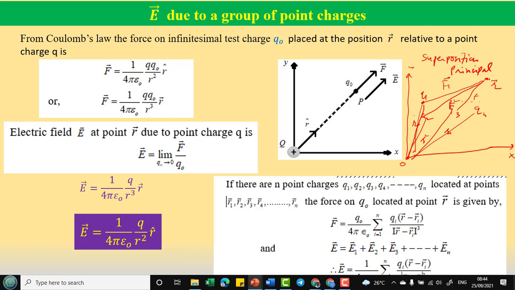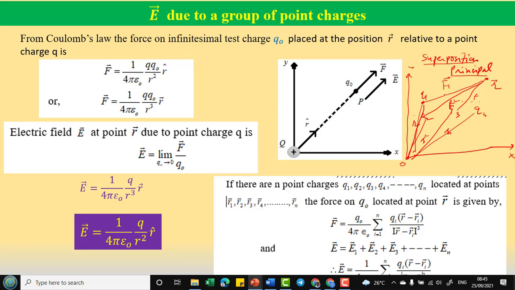So the resultant force will act due to all these forces, but here direction has to be taken into account. So that is the vector sum, not the simple algebraic sum, right? Adding all of these forces to find the net force acting on this particular charge, we call that the superposition principle, right?